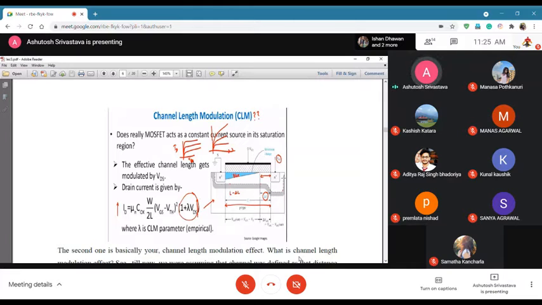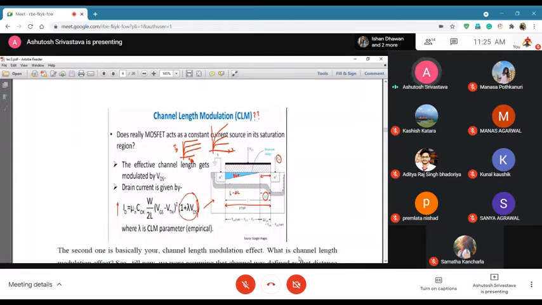So this changes the effective drain current, which is given by this parameter.